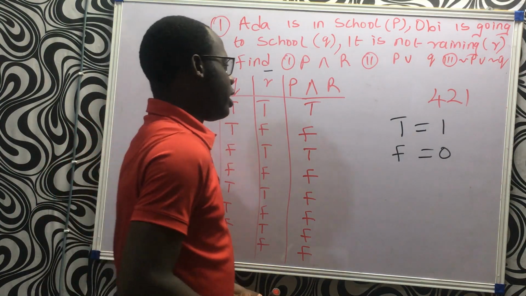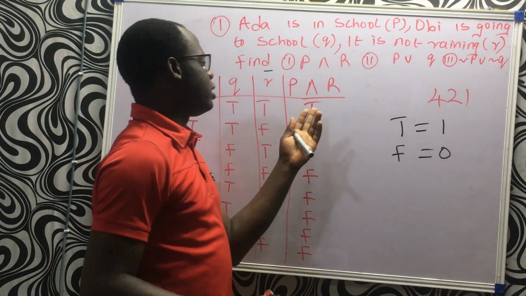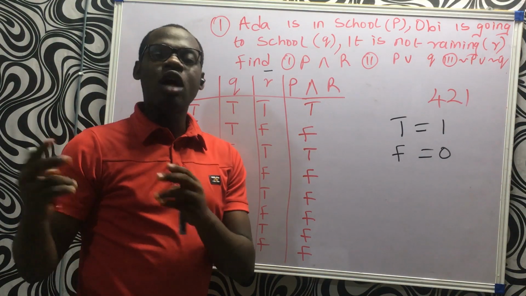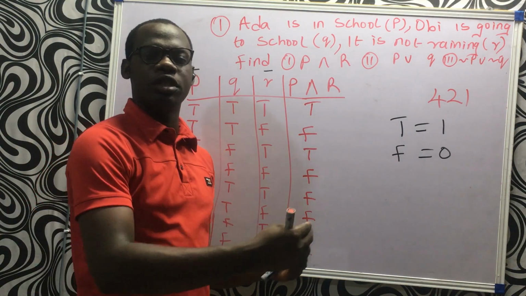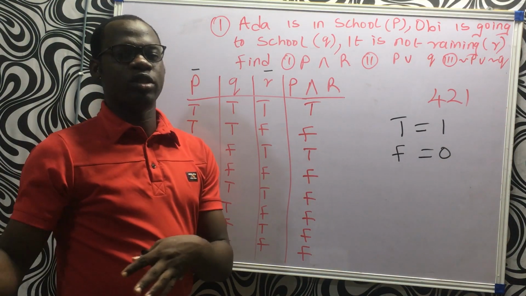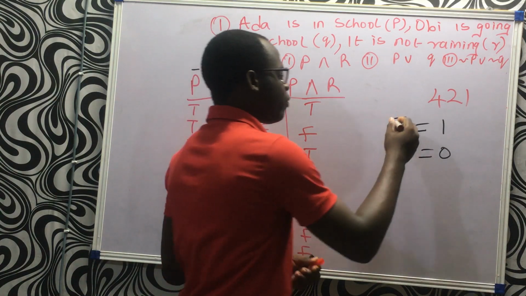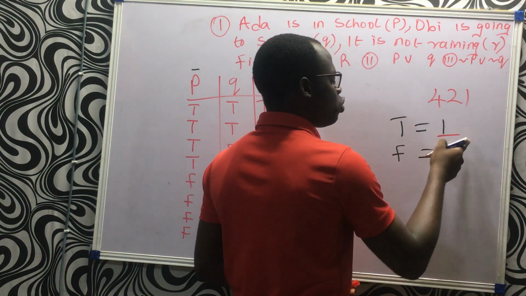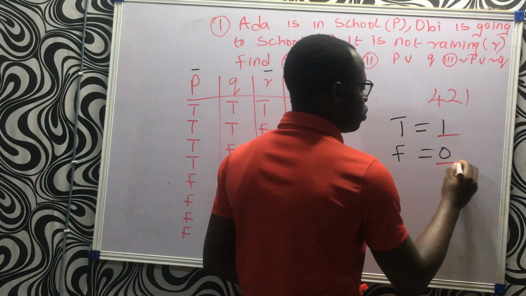Now, I said earlier that the law for AND says the output is true only when all the inputs are true. You can also use the law of multiplication, where T is equal to 1 and F is equal to 0.